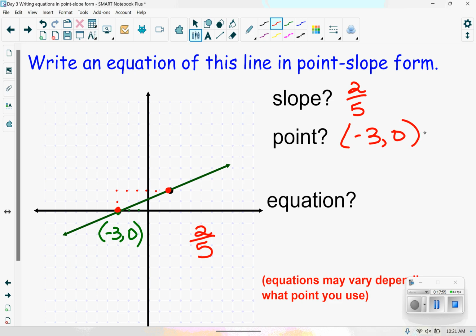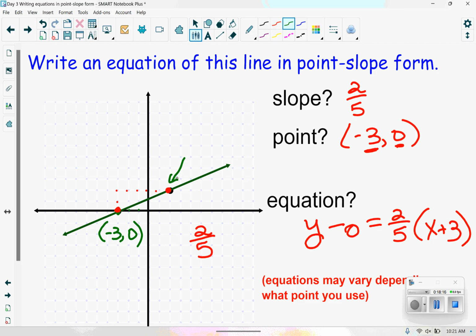So the equation is going to be y minus the y, which in this case is 0, equals the slope 2/5, x minus -3, which is a double negative, so +3. Now, if you happen to use this point, the point 2, 2, your equation would look a little bit different. It'd still be correct. It would just look different.